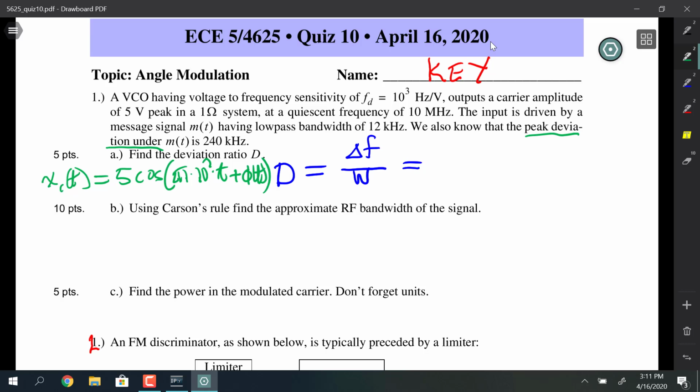I would have had to say max of magnitude of m of t is something like 5 volts or 2 volts or 1 volt. And then you would have multiplied that by f_d, and that would have gotten you the peak frequency deviation, delta F. Does that help, Colton?